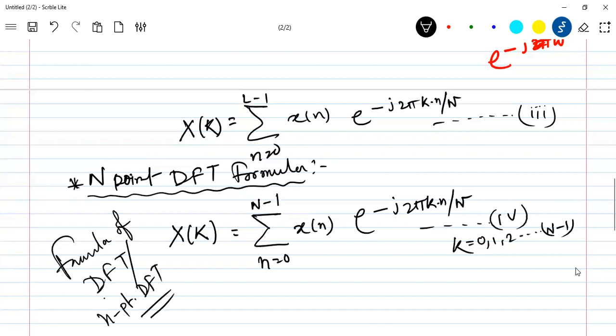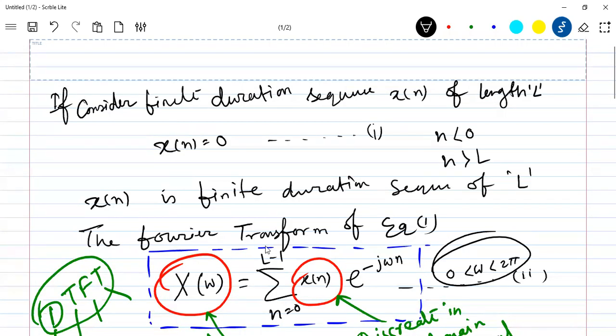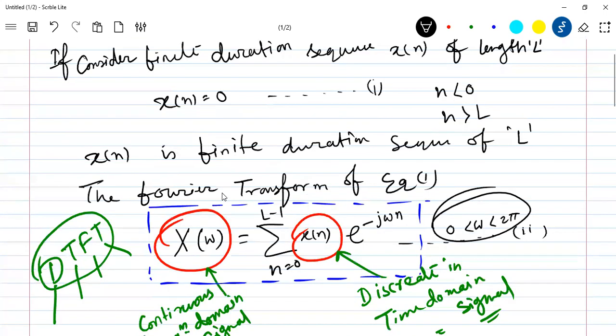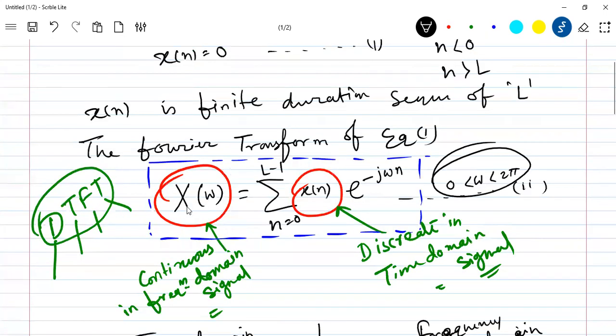Clear? So from where to where are we coming through the formula? You just see. We are considering a finite length duration of the sequence, that is x[n] equals 0 outside. Then we take the Fourier transform, and after the Fourier transform we get X(omega) equals summation n equals 0 to L minus 1 x[n] e to the power minus j omega n, isn't it?